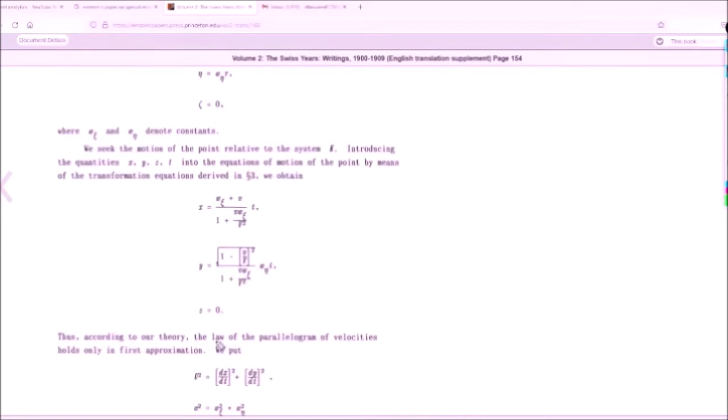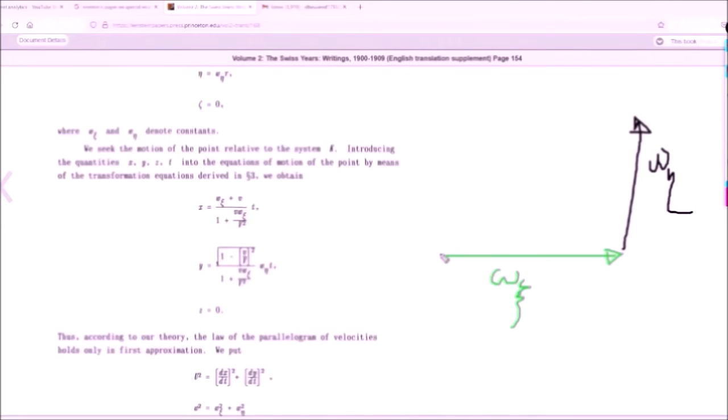That law of parallelogram of velocities means if you have a velocity in that direction, say v1, say this is the velocity in the direction of eta, and you have a velocity perpendicular to it, another velocity.